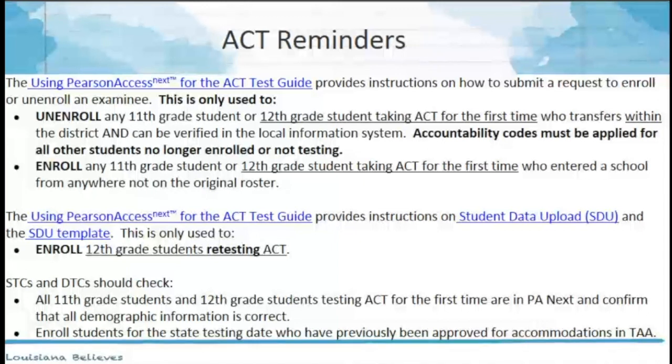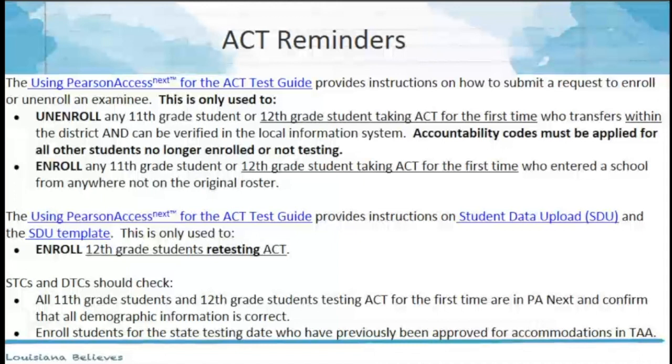When an ACT approved accommodation is requested in TAA, there is a PIN number that is issued. That PIN number allows the TAA system to connect to PA Next, and this is how accommodations are transferred from TAA to PA Next.